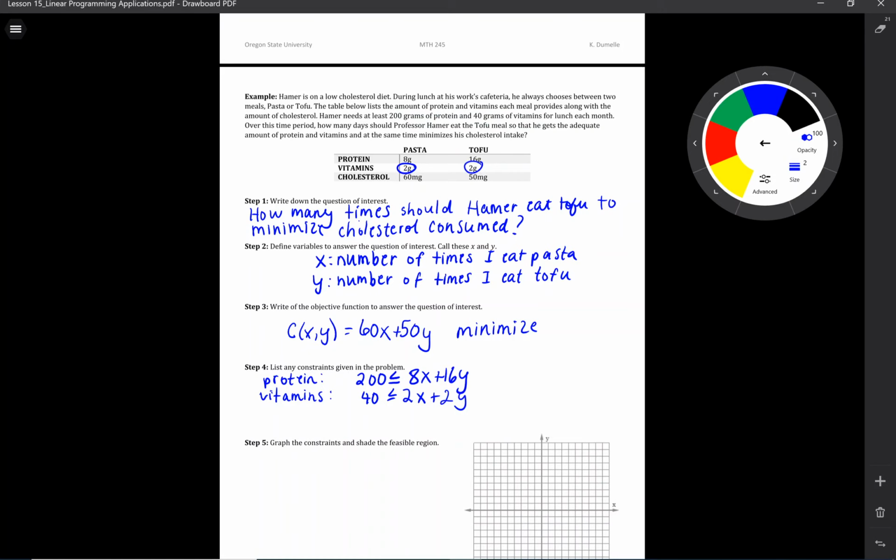So the number of times I eat pasta plus the number of times I eat tofu cannot be more than 31, since 31 is the maximum number of days in a month. So I need x plus y less than or equal to 31, depending on the month, of course, but we'll call it 31.